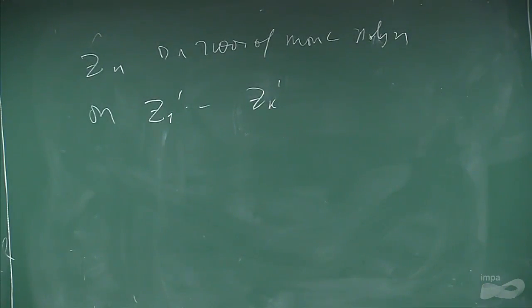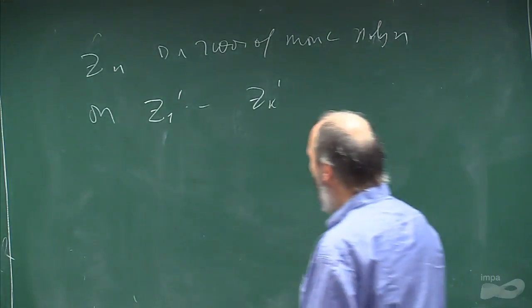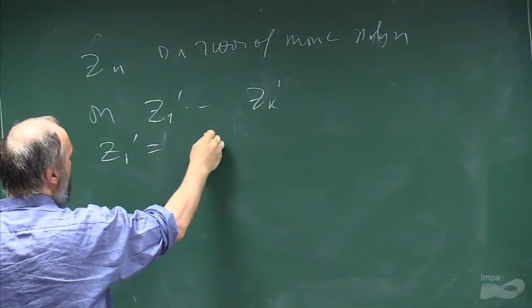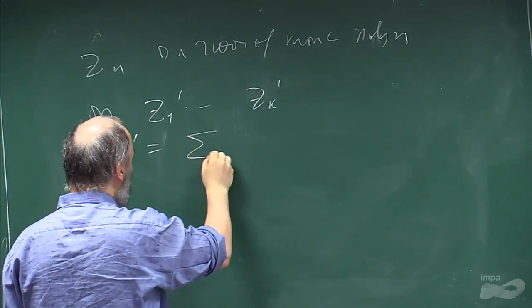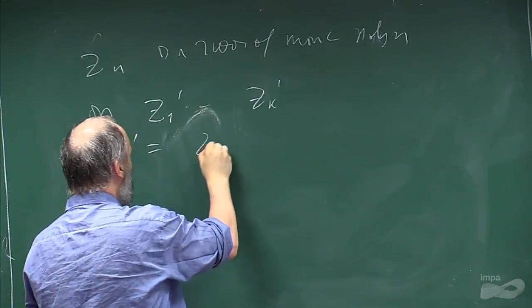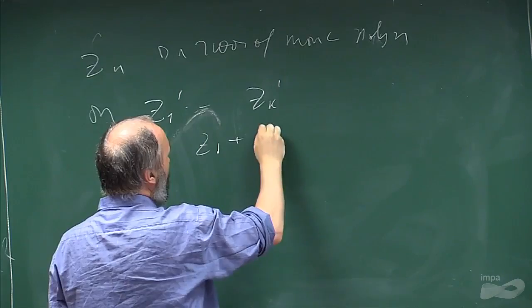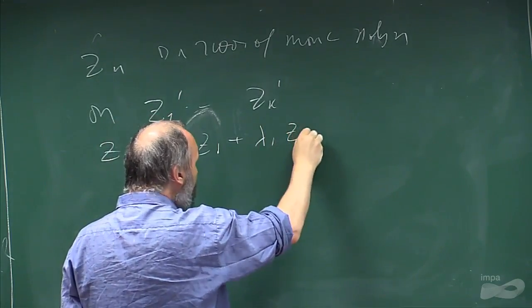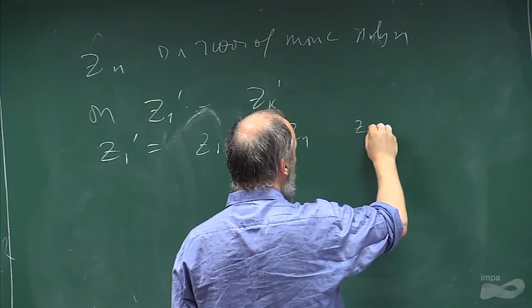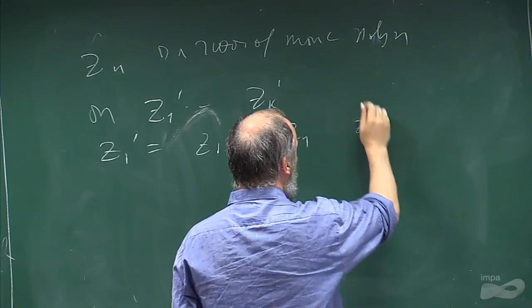Well, do we take all of them or just? Right, where zi prime is the same as zi plus lambda i zn, and the lambda i are generic.